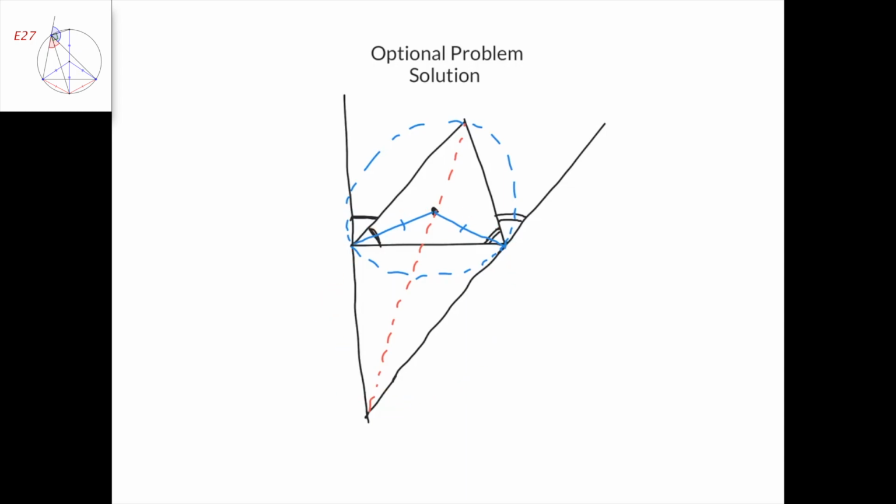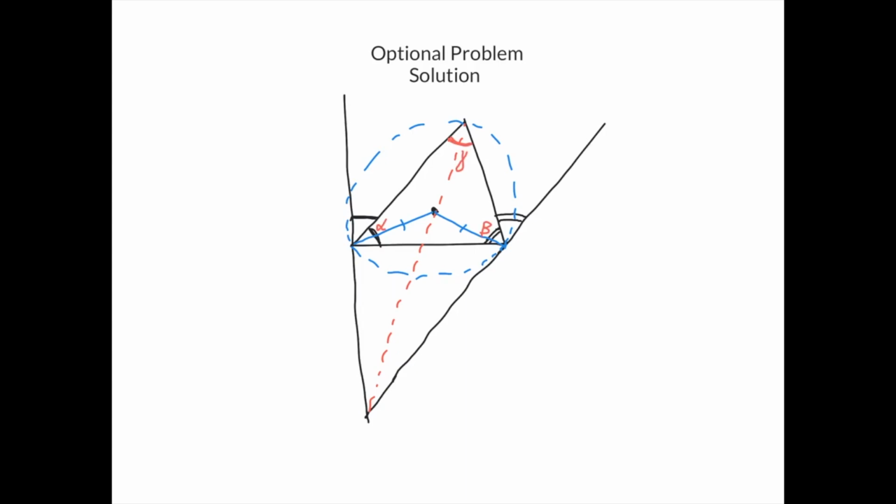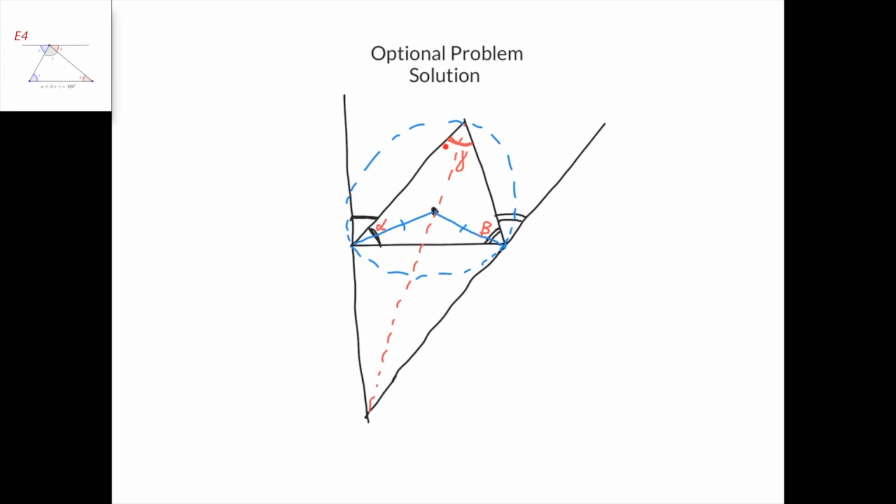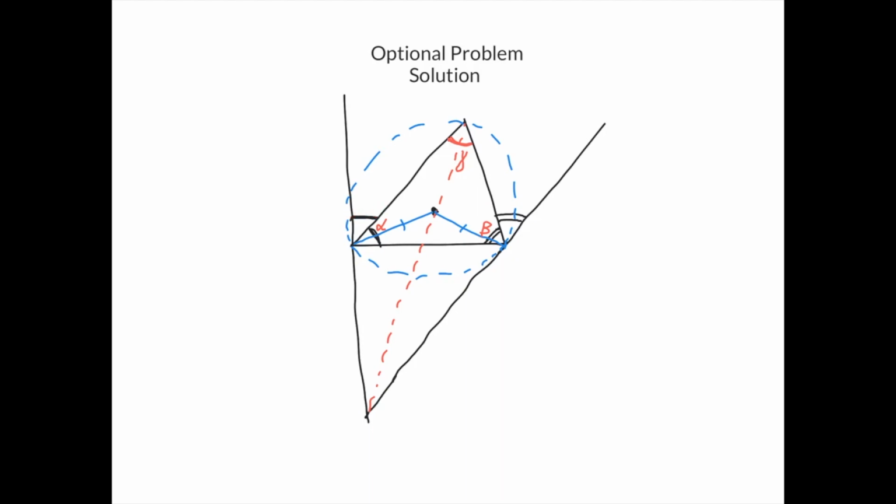And so we only need to prove that this quadrilateral is cyclic, from which it would follow that this arc equals this arc, because they correspond to equal chords in the circle, and then it would follow that this angle equals this angle. Now let's call the angles of this triangle alpha, beta, and gamma. Then we know that alpha plus beta plus gamma is 180 because these are the angles in the triangle. We also know that this angle is alpha and this angle is beta.